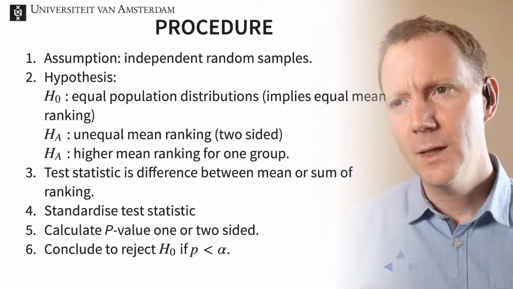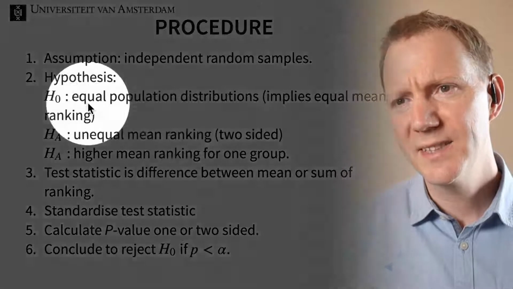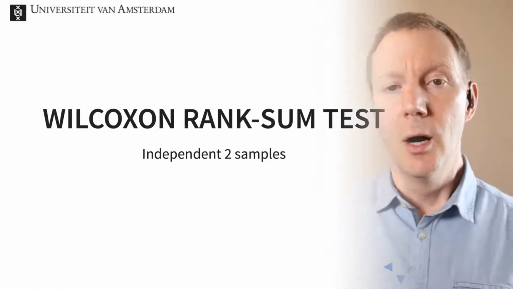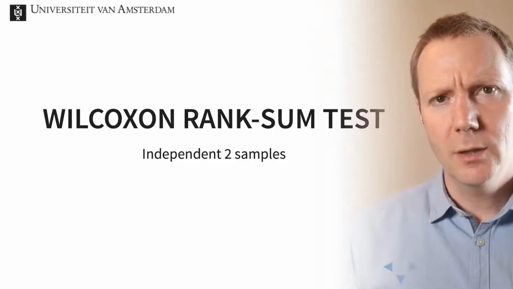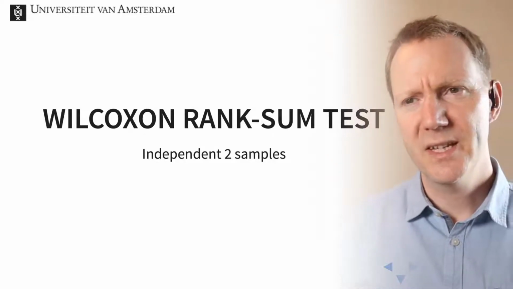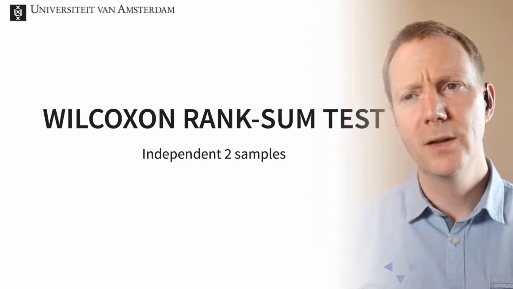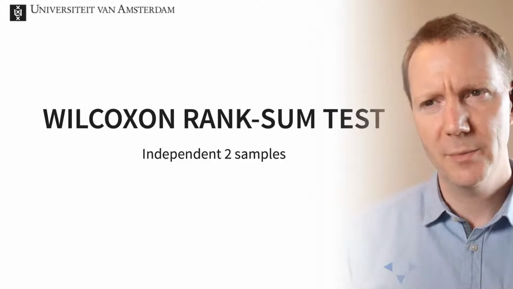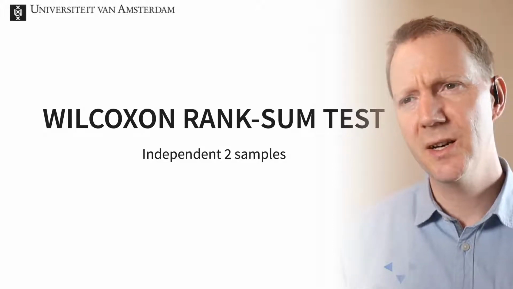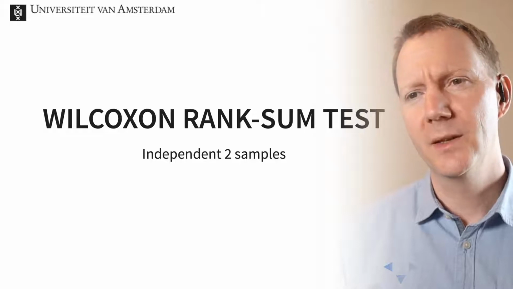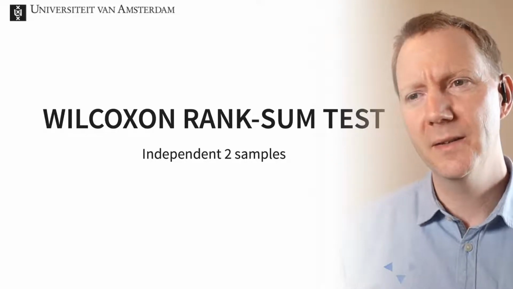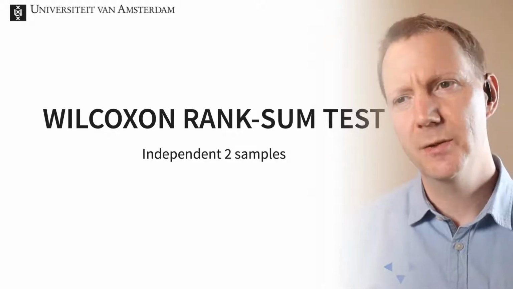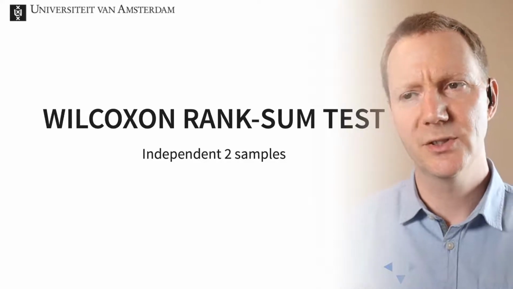Okay. So the next point, going one back, we'll go into a few of these non-parametric tests, and the first one is the Wilcoxon rank sum test, which is essentially the equivalent of the independent sample t-test. So it's for two independent samples.